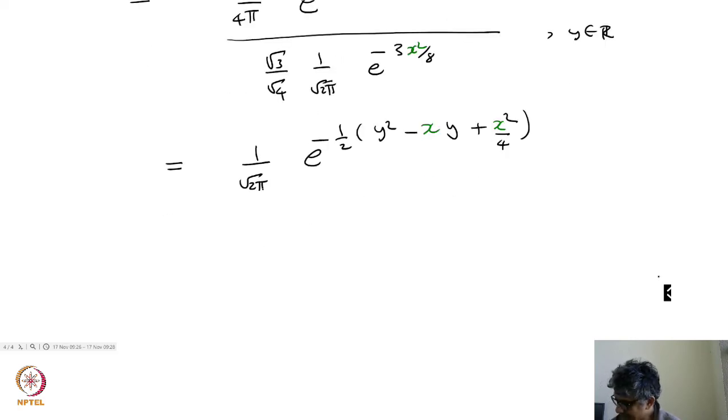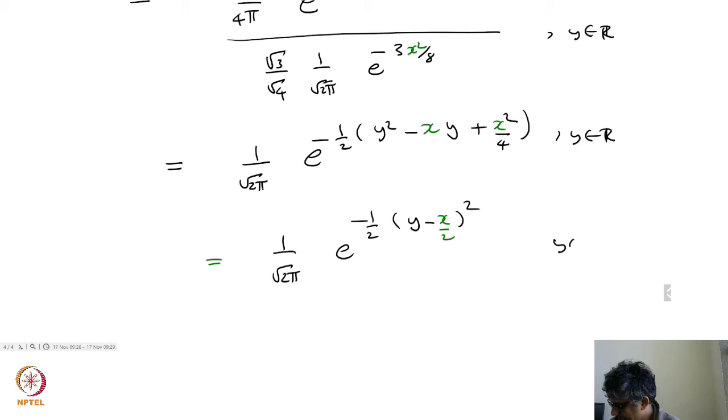So the whole thing is going to be equal to 1 over root 2 pi e to the minus 1/2. I'll just rewrite this as y minus x by 2, the whole square. And this is true for all y. So what I got is f sub y given x at the point y is going to be equal to this.